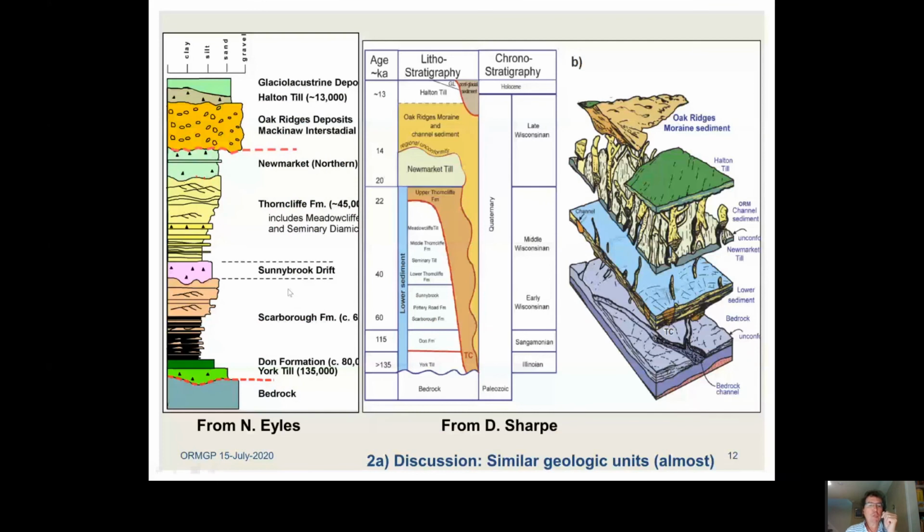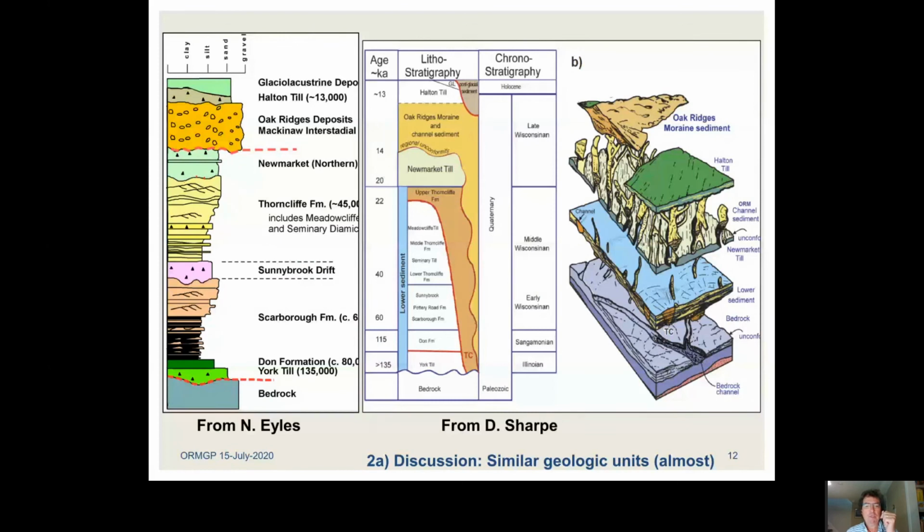And as far as nomenclature of our geologic units, we're borrowing from researchers, we're borrowing from the OGS, we're borrowing from the Geologic Survey of Canada, Dave Sharp, and we're using the nomenclature that they have developed over time. And again, I mentioned that there is a lot of discussion going on regarding the geology, and this has been going on for decades, and it may continue for decades.